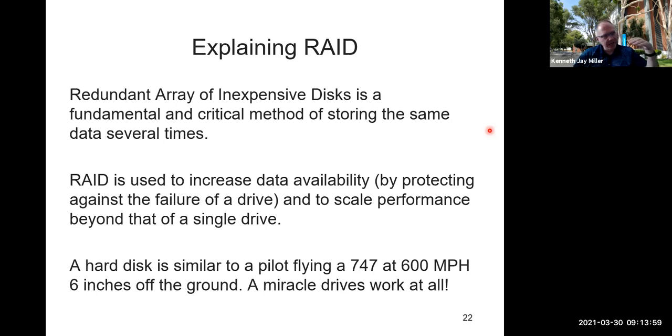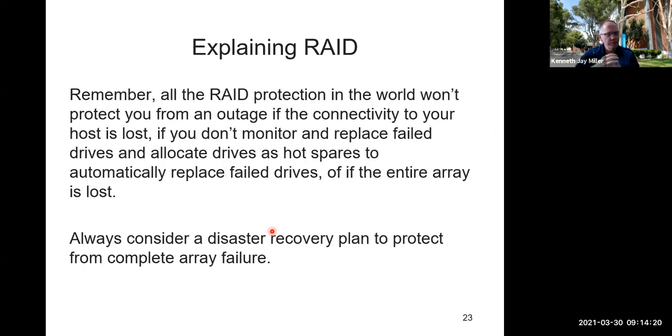So imagine flying from here to Seattle, and you can only be 6 inches above the ground, and your pilot would have to go up and over, and you wouldn't make it very far before there's a catastrophic failure, right? So RAID is designed to do just that, because we know that disks will fail. It's not a question of if, but more of a question of when.